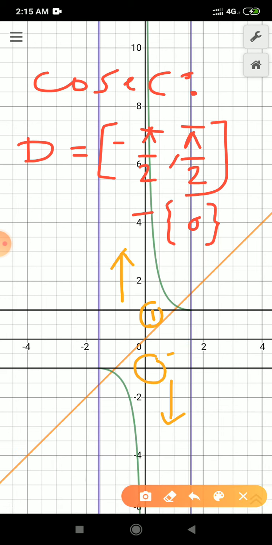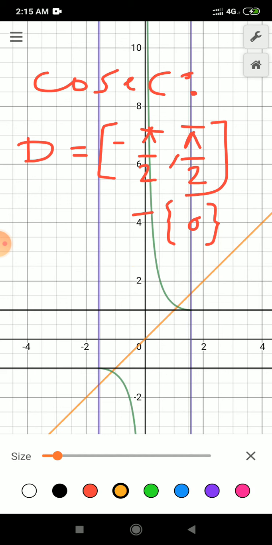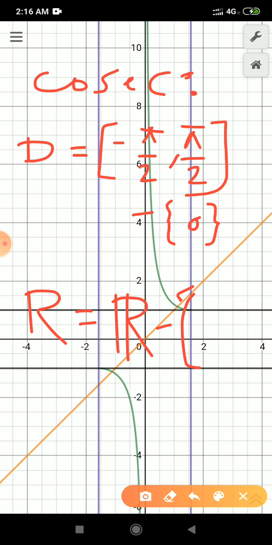So we can say that the range of this function should be nothing but R difference the set minus 1 to 1, the open interval minus 1, 1. So these are the domain and range for cosec, so that it becomes bijective.